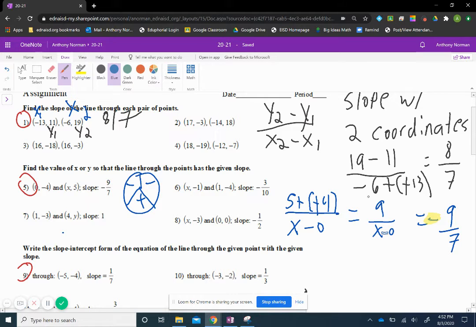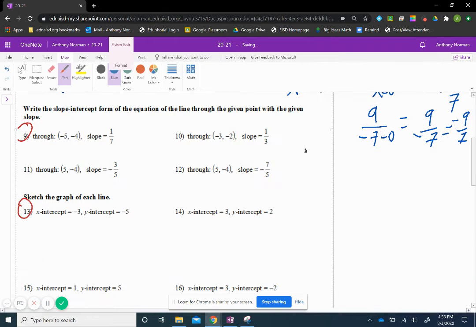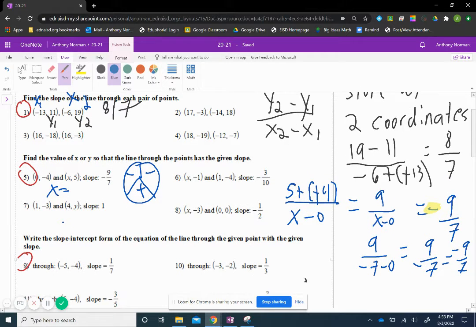So we need this to be a negative and something, what minus 0 equals negative 7? So if we put 9 over negative 7 minus 0, we will get 9 over negative 7, which is equal to negative 9 over 7. So our x equals negative 7. Let's clean that up.